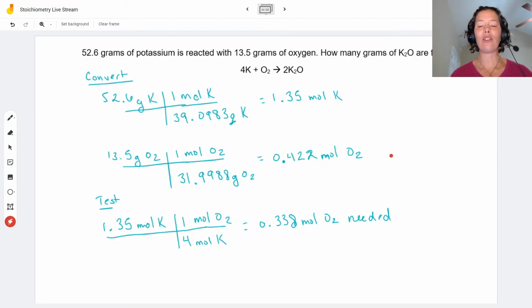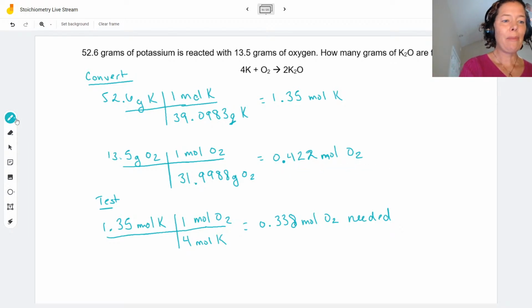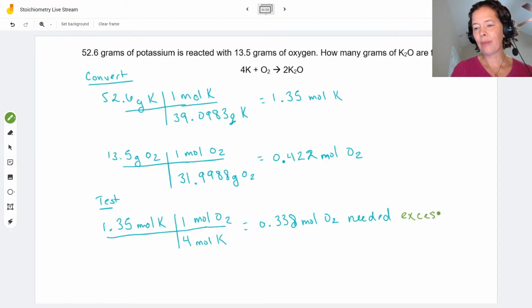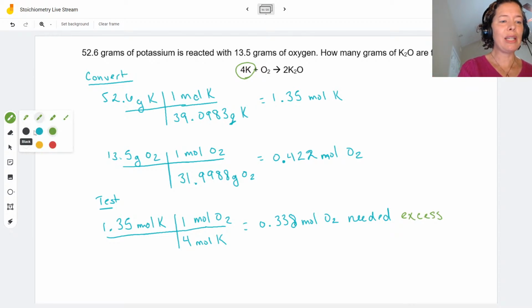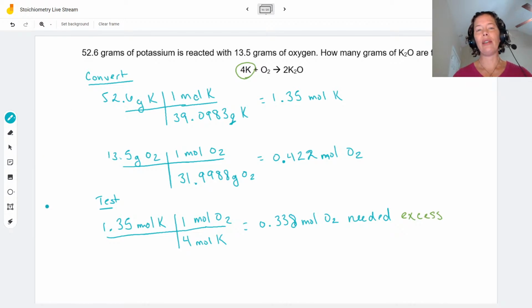I have extra. I have excess. That means that oxygen is in excess, which means that potassium is going to be my limiting. But let's run through this calculation starting with oxygen instead so that we can see both tests are going to give us the same limiting reagent.